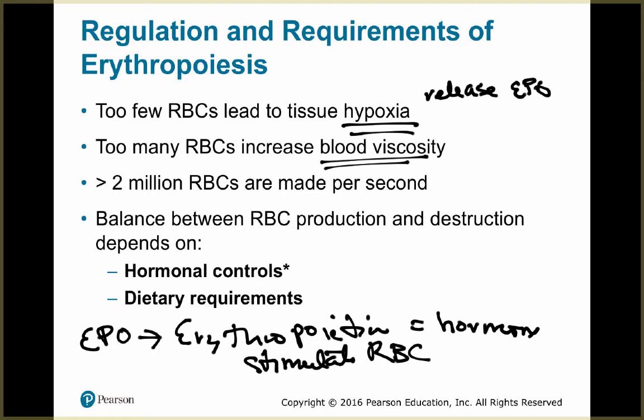And so here, basically, they would inhibit that hormone, or EPO. So this can happen with too many erythrocytes, or if it becomes too thick, or if oxygen levels are too high, right? You don't need a lot of EPO, so it slows down.